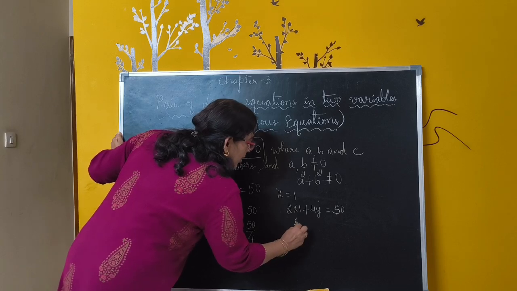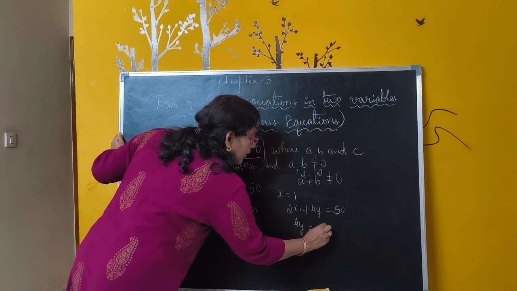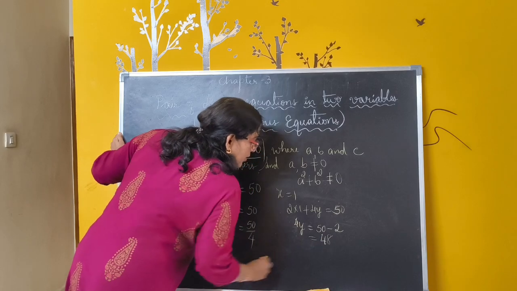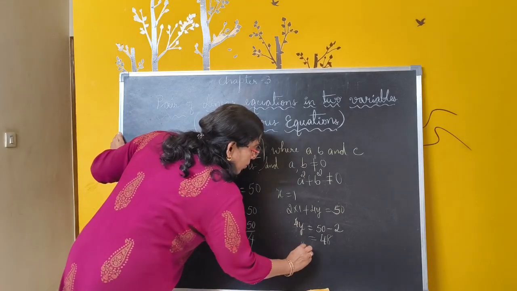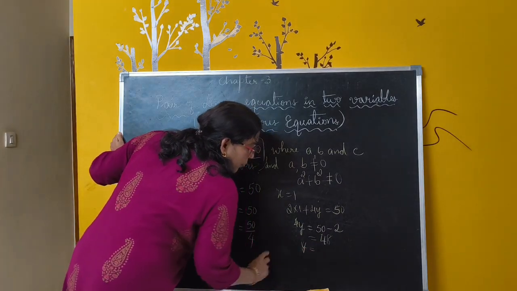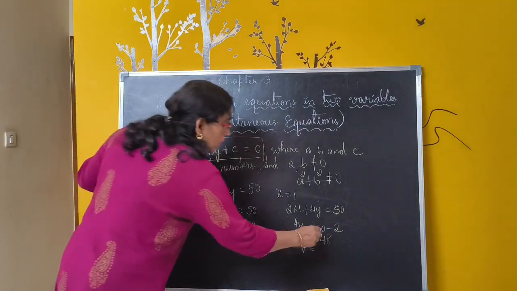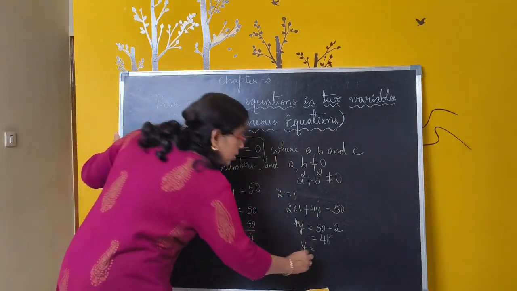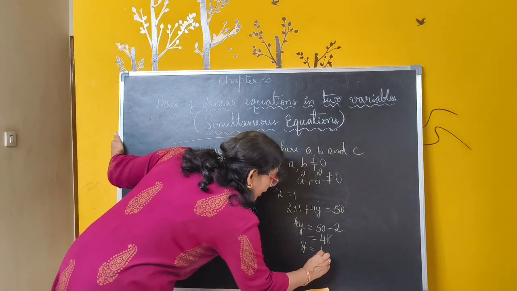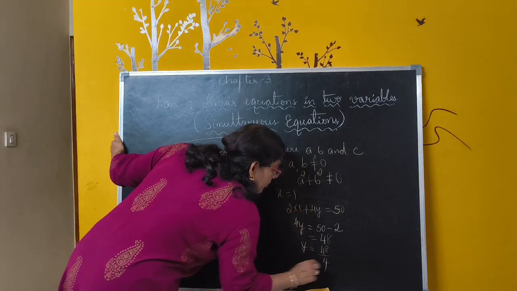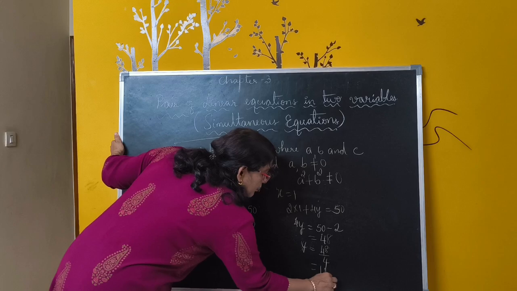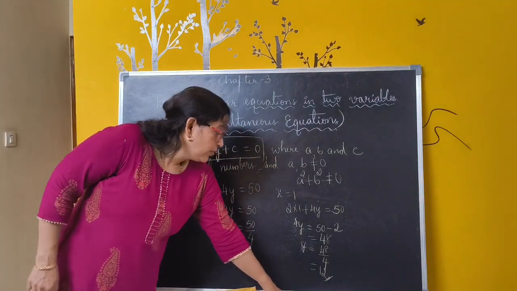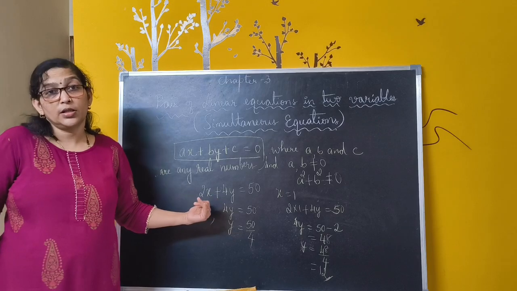So 4y is equal to 50 minus 2, which is 48. So y is equal to 48 by 4, which is 12 rupees. So x is equal to 1 rupee and y value is 12 rupees. So we can have different solutions for this.